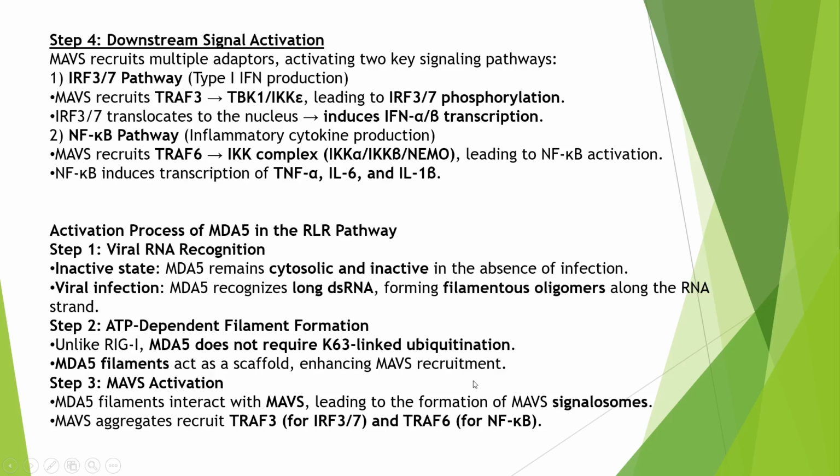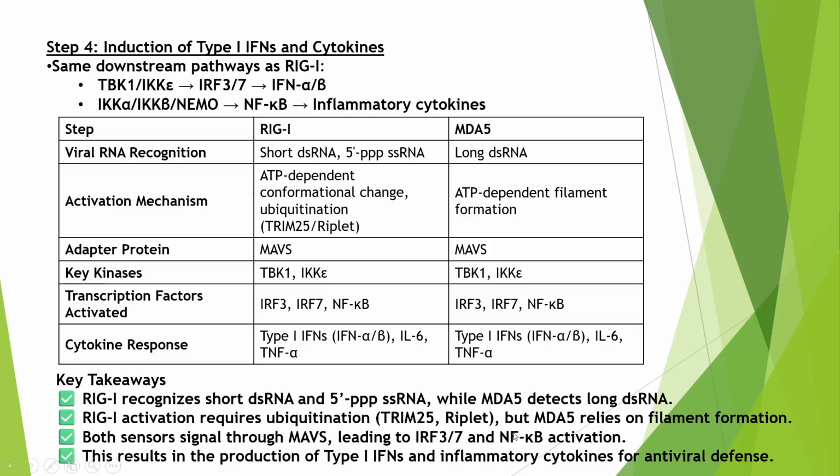These are small aggregates that they form, and after that TRAF3, TRAF6, similar activation of IRF3/7 and NF-kappa B occurs. Then the end is again the same, induction of interferon, cytokines, etc.